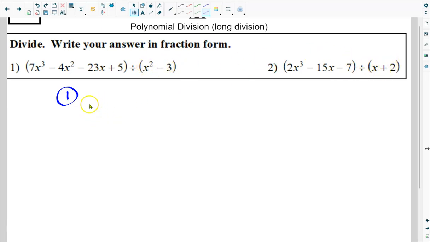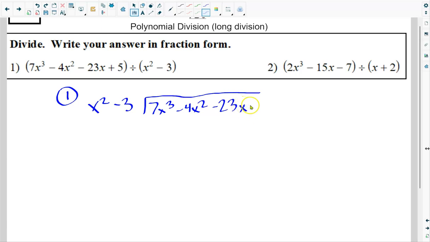So that's what's going to make things different here, and you need to be prepared for that, okay? So let's go and plug this guy in. X cubed minus 4x squared minus 23x plus 5. And again, just copying is half of the battle.